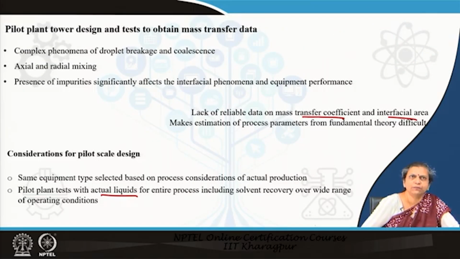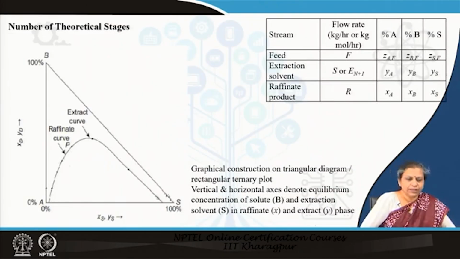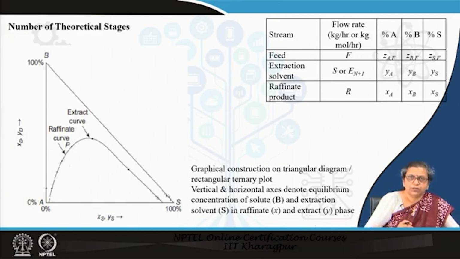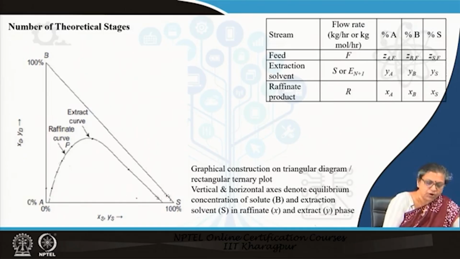Now, with this particular background, let us go to find out the number of theoretical stages. Mostly, as I have mentioned, for most of the cases we take a rectangular plot. Whatever we have done, we can do the same thing on a triangular plot as well.